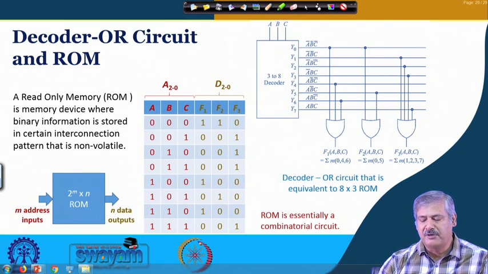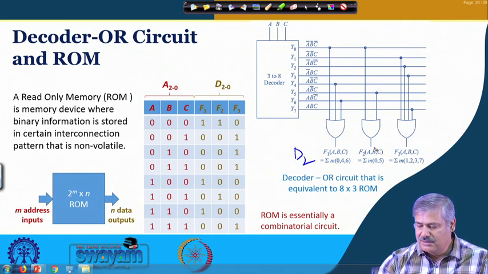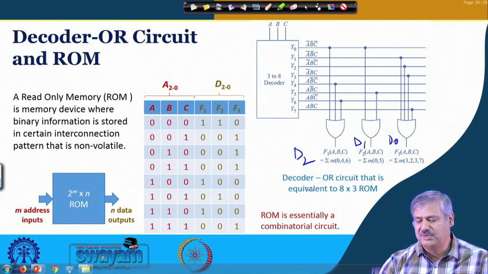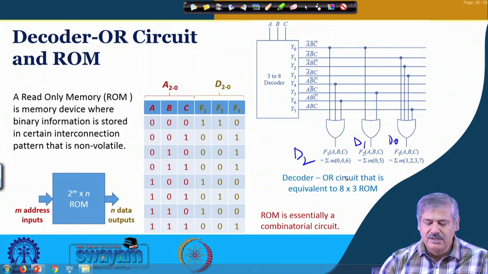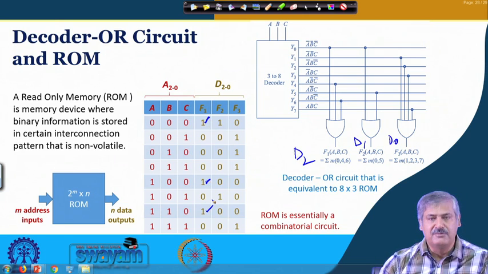If you put it in the form of a truth table, D2 becomes your F1, D1 becomes your F2 and D0 becomes your F3. This is the way the names have been given. We can give it in a different manner also, changing the order, etc. Then for D2, there is a 1 over here, 1 over here and 1 over here.